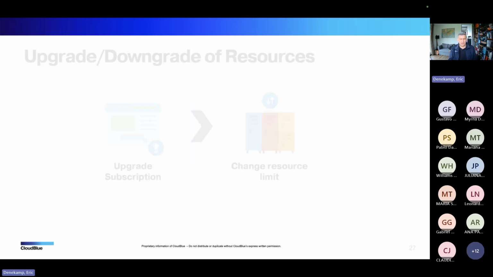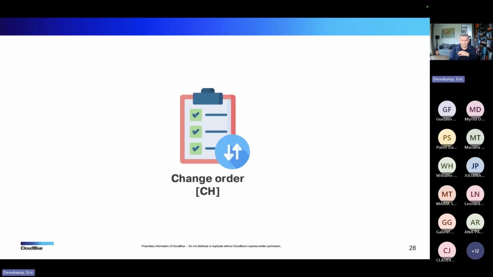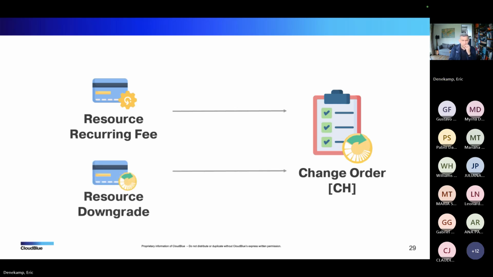So in the case of the resource limit, and there was a question about it a little bit earlier, the recurring fee of the new resource is, of course, charged in that change order, but also there could be a resource downgrade in the change order. So everything will be prorated.